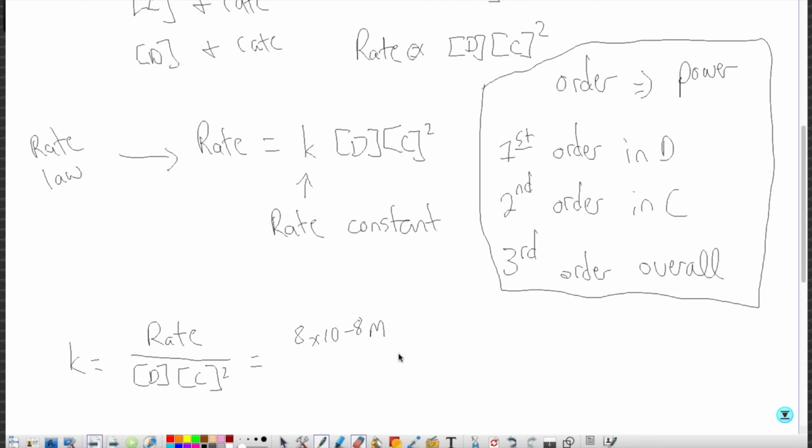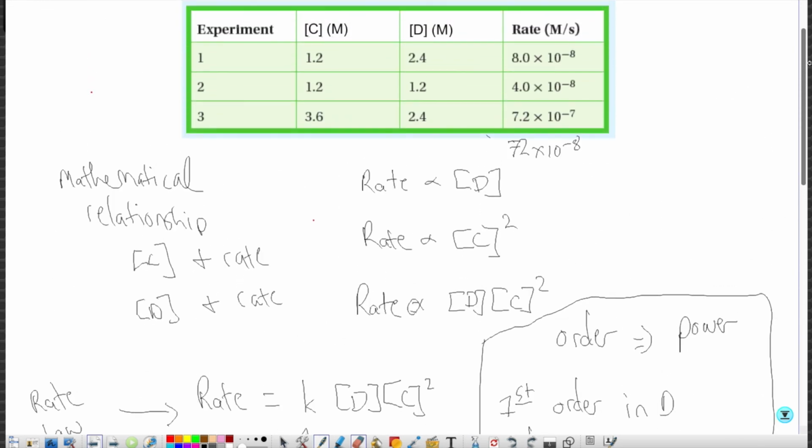And actually, there's something weird about units. Basically, units equal unhappiness. I actually think it's cool, but the units of the rate constant depend on the order.